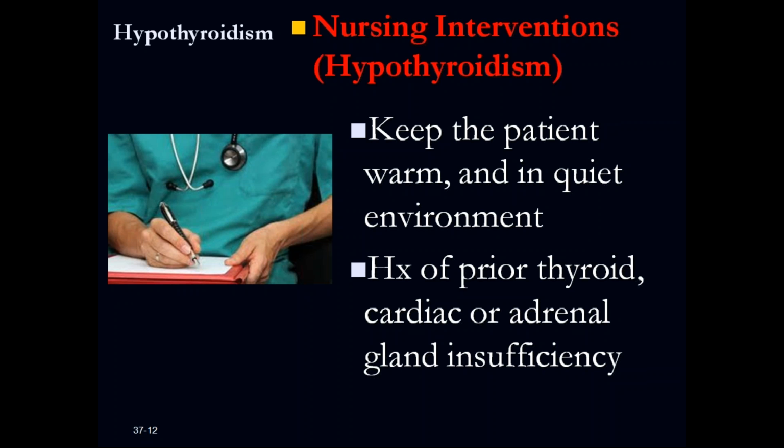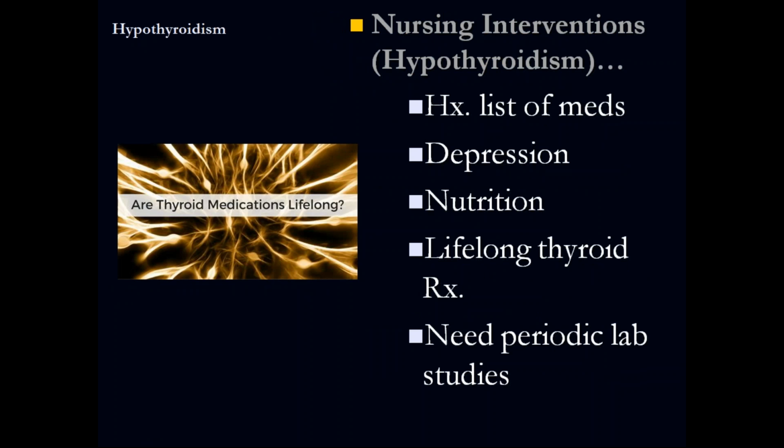So we have cardiac. Remember, in hypothyroidism we have bradycardia. In hyperthyroidism, we can have the heart rate increase. So be careful with the dose. All right. So thyroid and heart.